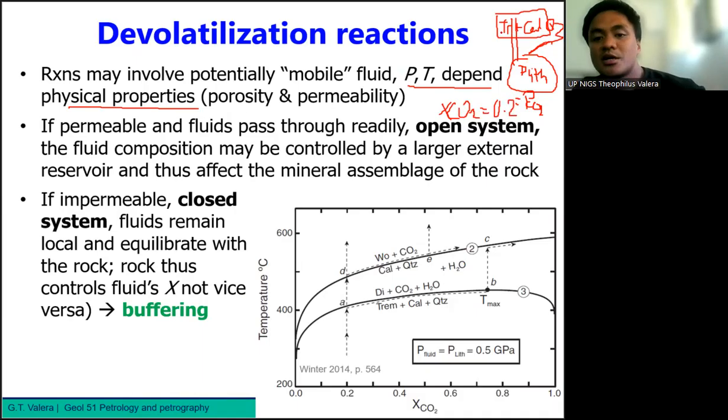wherein this rock here is open, it freely allows the overwhelming contribution of fluids from this reservoir, so that it keeps the composition of the interstitial fluid at X equals 0.2. Then as the rock, tremolite, calcite plus quartz, intersects this point on our first curve, the tremolite, calcite, and quartz will react to form diopside, carbon dioxide, and water.